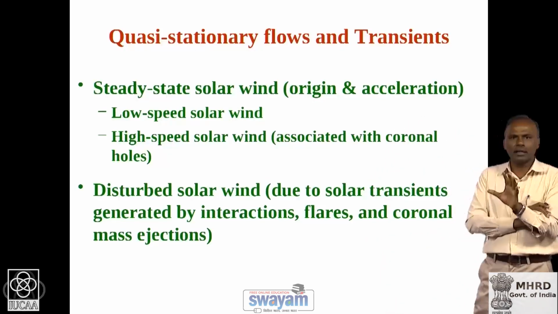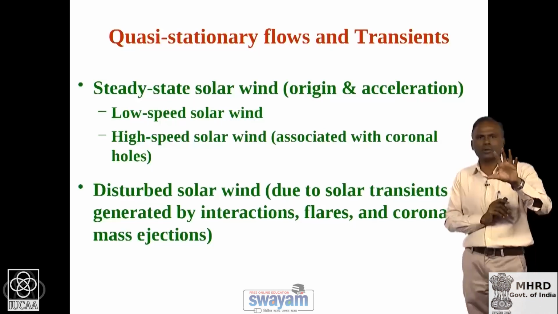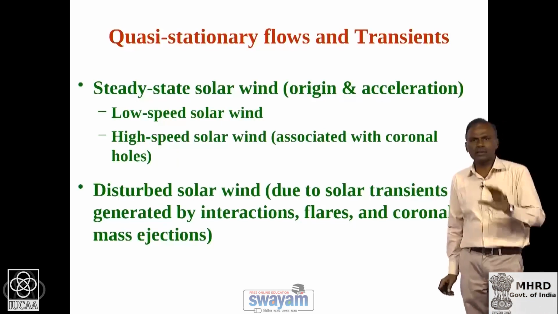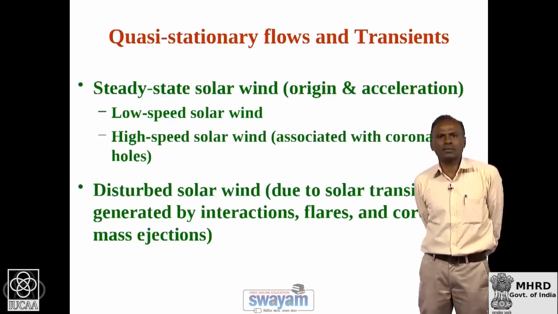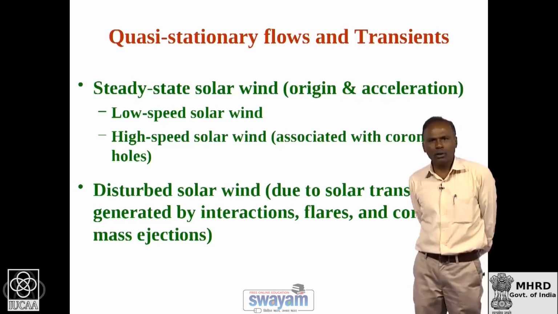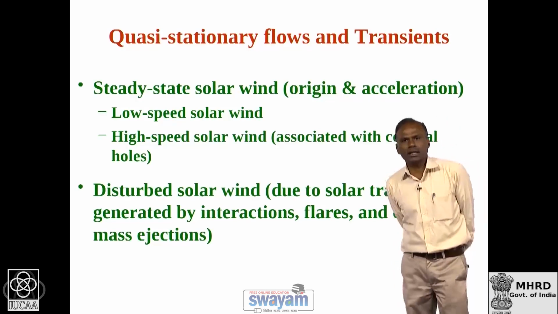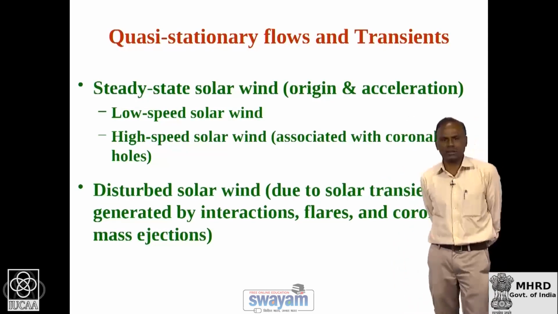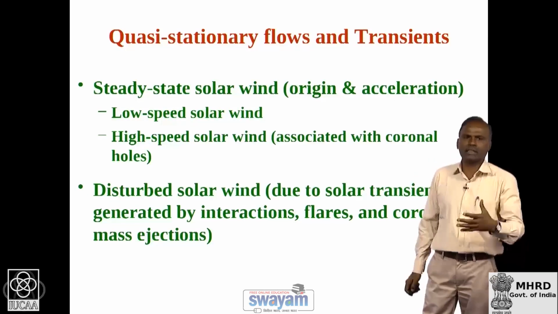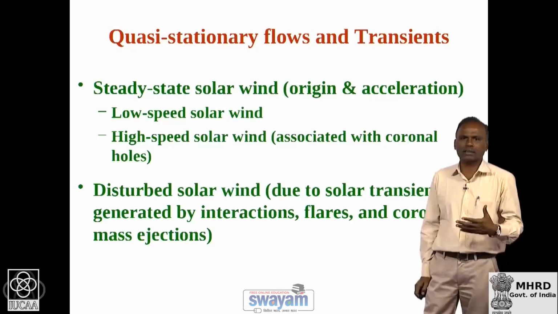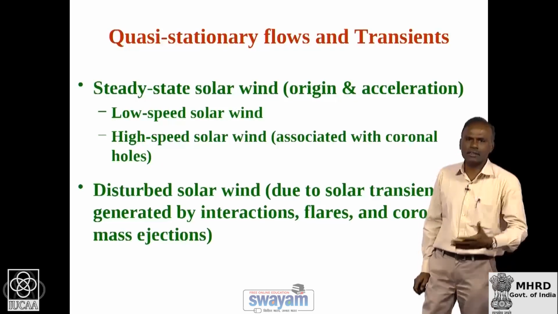Okay, so the solar wind properties can be divided into two groups: steady state solar wind, whose origin and acceleration is important, which involves low speed solar wind as well as high speed solar wind associated with coronal holes, and the disturbed solar wind I have been mentioning, the coronal mass ejection, solar flare and the interaction regions.